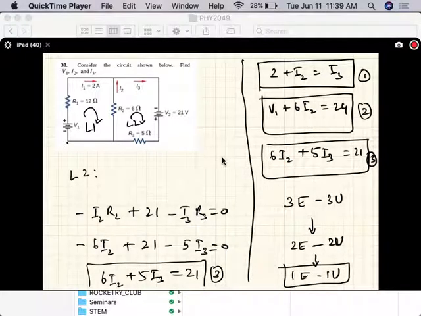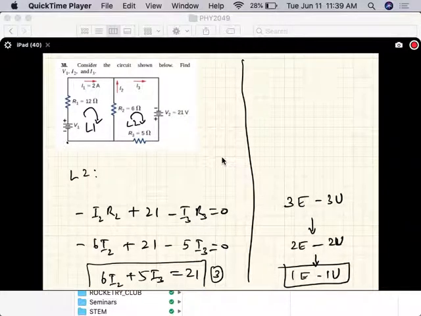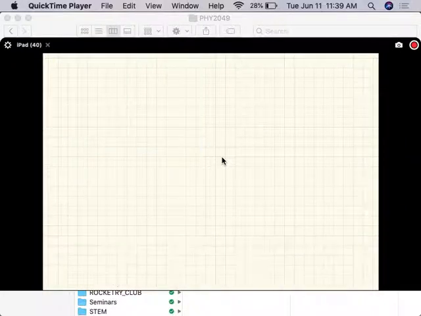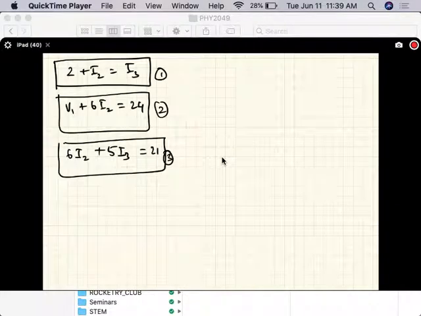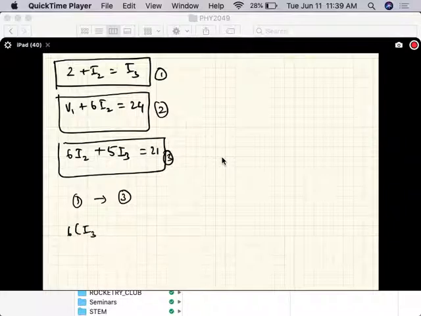Okay, so we'll take information from 1 and put it in 3. So 6 times (I3 minus 2) plus 5 I3 is equal to 21.